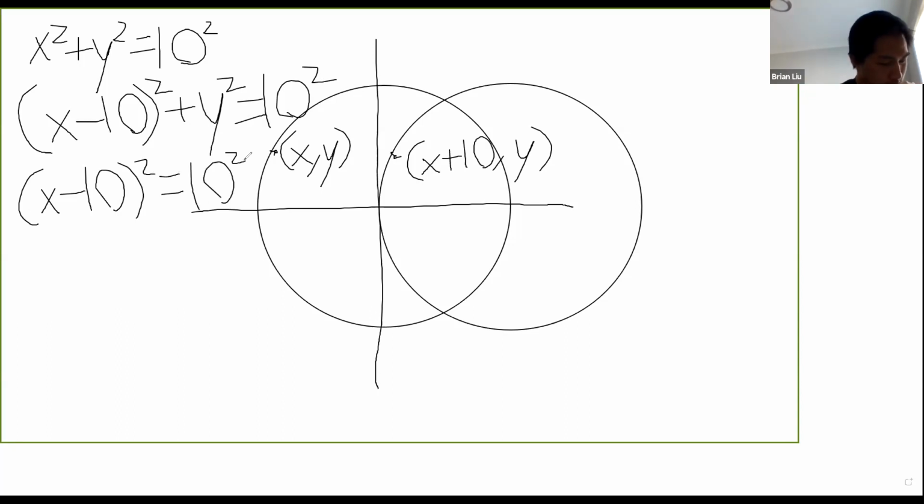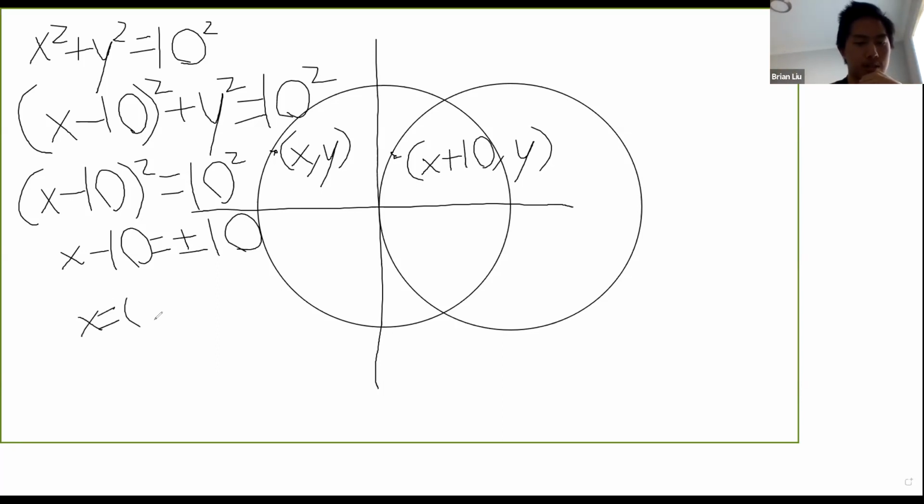So x minus 10 equals plus or minus 10. If it's minus 10, then x is 0. If it's plus 10, then x minus 10 is 10, so x equals 20. So if y is 0, then x can be 0 or 20. So these points do, in fact, line up on the new circle.